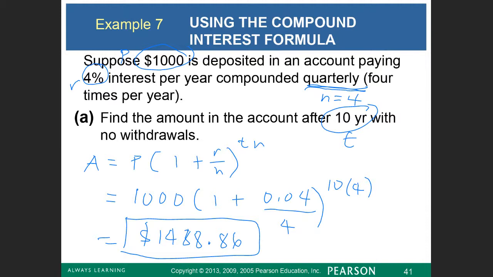You can put a parenthesis there because that's two numbers involved: 0.04 divided by 4, then close parentheses, and then another parenthesis, and then to the power, that's 10 times 4, that's 40, and then hit enter. So the answer would be 1,488 and 86 cents.